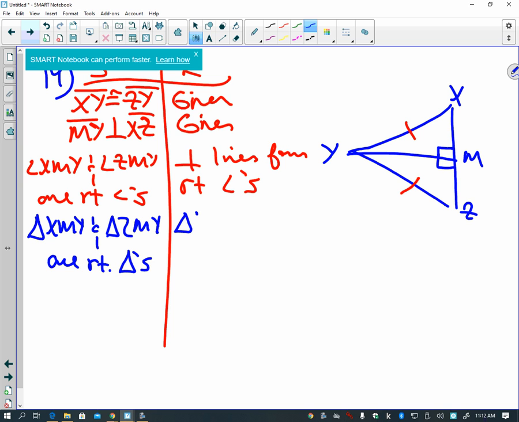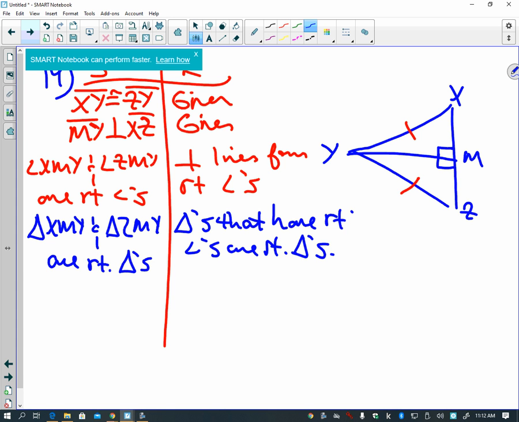Triangles that have right angles are right triangles. Can you guys read that okay? It's just easier to do that than to actually write out the words.